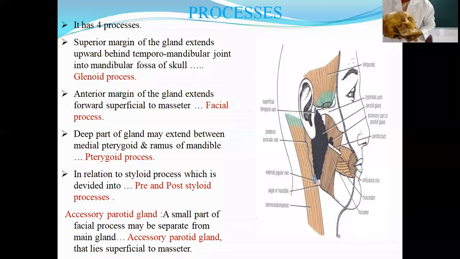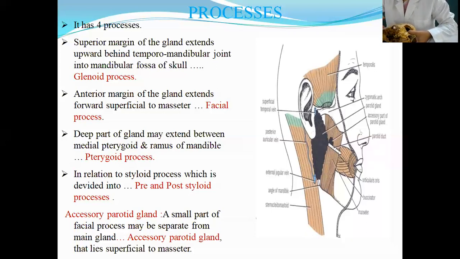This is an articulation between the head of the mandible and the mandibular fossa of the temporal bone. This mandibular fossa is not entirely articular. See, this is the mandibular fossa. The anterior part is only articular. The posterior part is non-articular. So what is this posterior part of the mandibular fossa? It is represented by the tympanic plate.